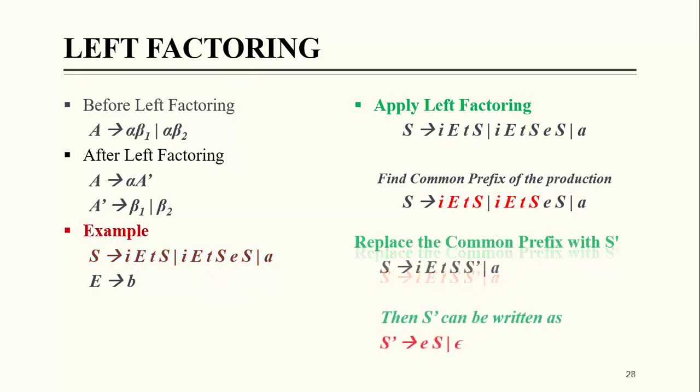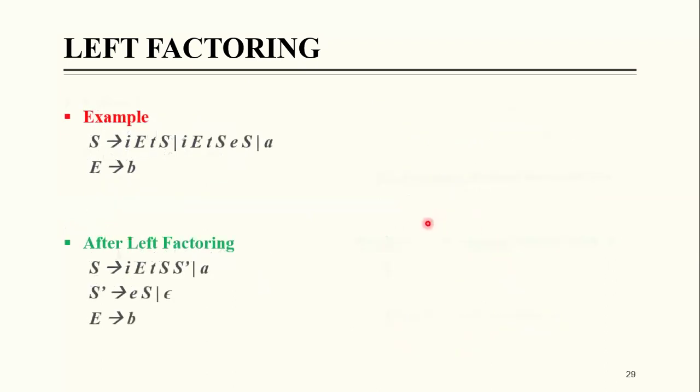Again, S dash derives e S or epsilon, because if we substitute e S in place of S dash, we will get this one, and if we substitute epsilon in S dash, we will get the first one. So finally, after left factoring, we got the grammar as S derives i E t S S dash or a, S dash derives e S or epsilon, and E derives b.